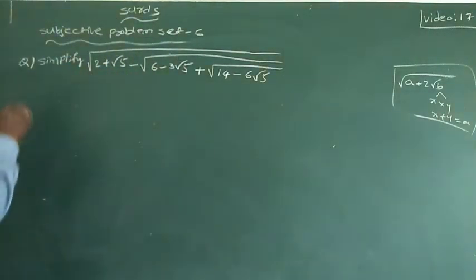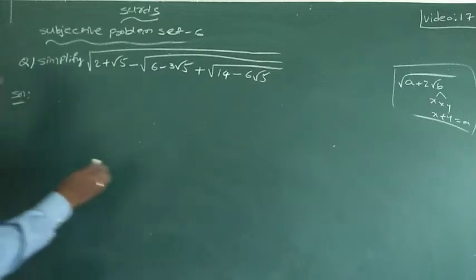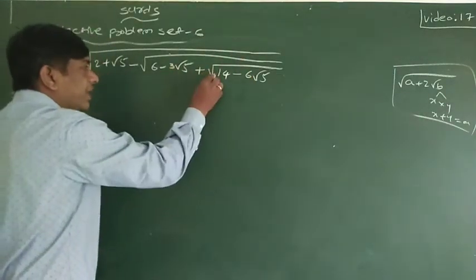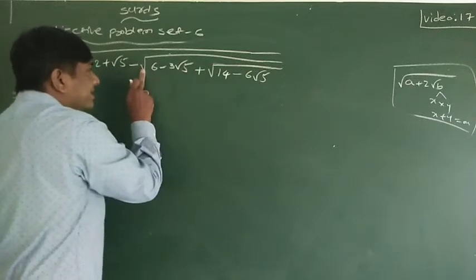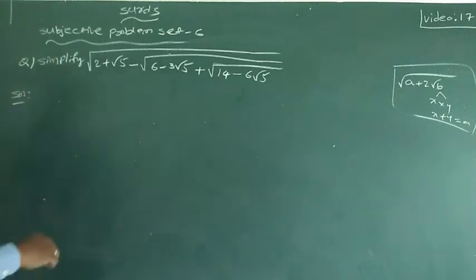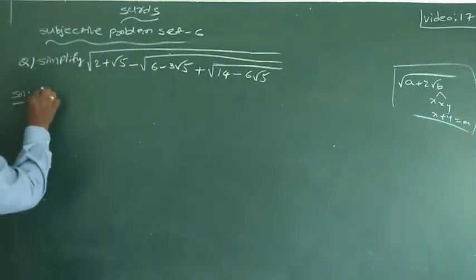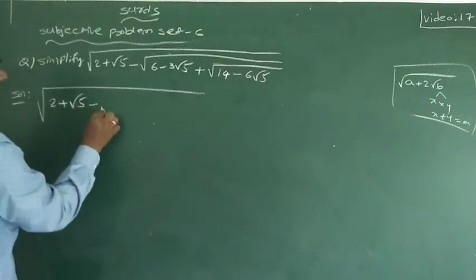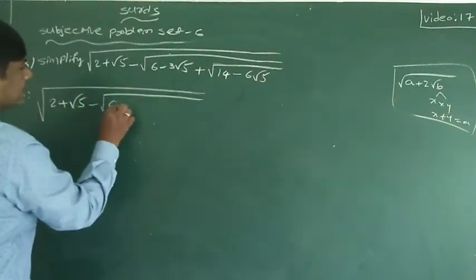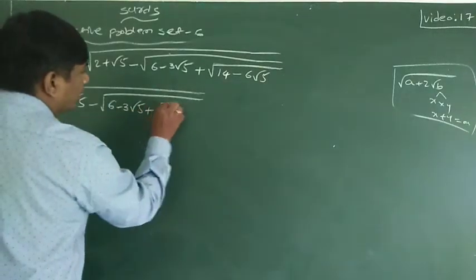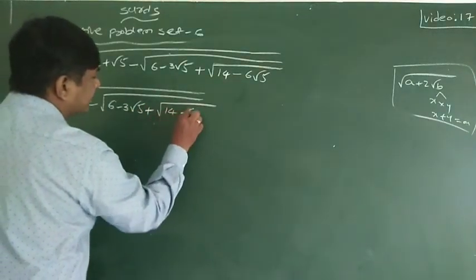First of all, while simplifying this question, you need to simplify this part first, next this one. First this square root I have to simplify, after that this square root, and finally this one. So what do I have to simplify here? 2 plus root 5 minus square root of 6 minus 3 root 5 plus square root of 14 minus 6 root 5.